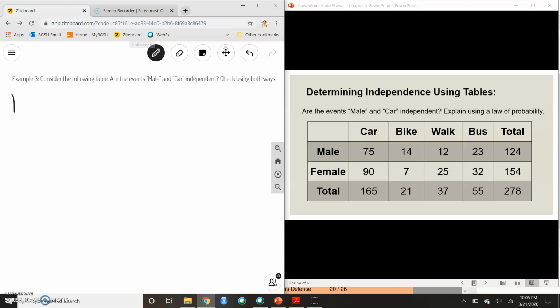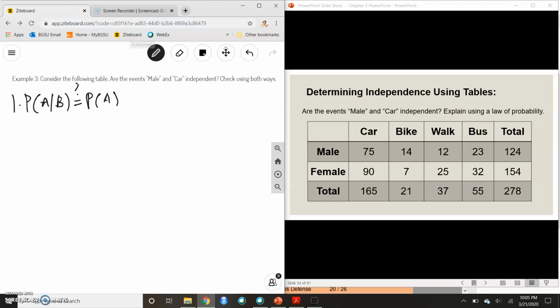So the first method, we're going to look to see if probability of A given B, is that equal to P of A? So that's method 1.